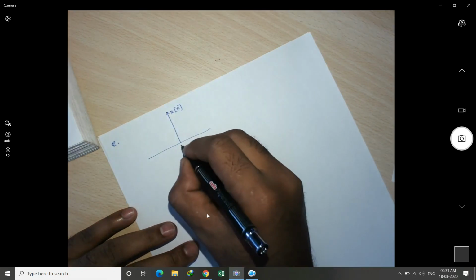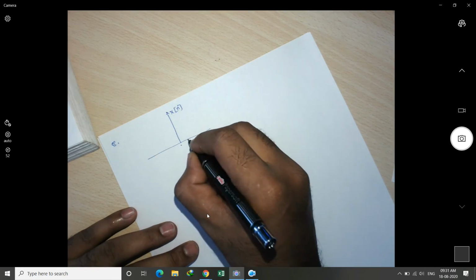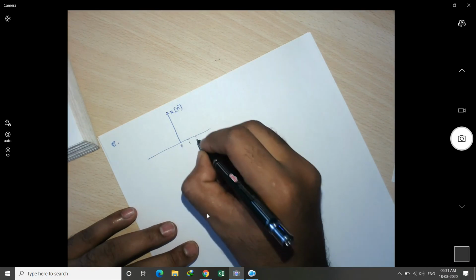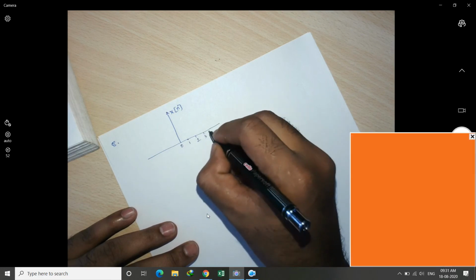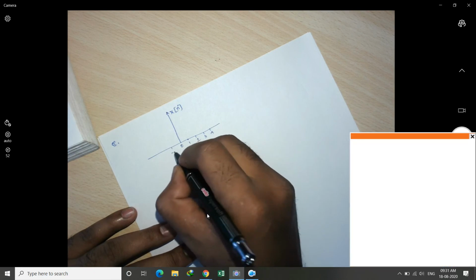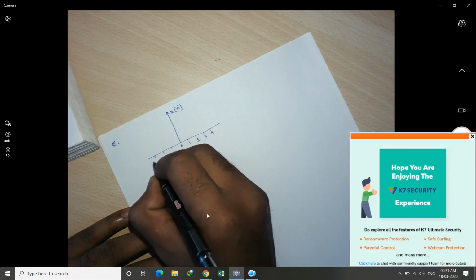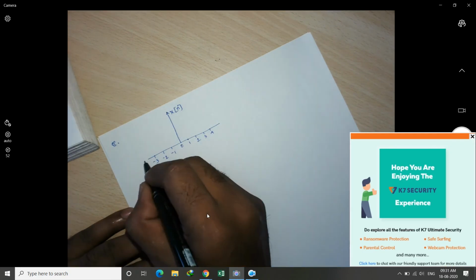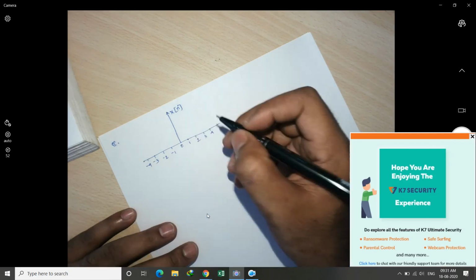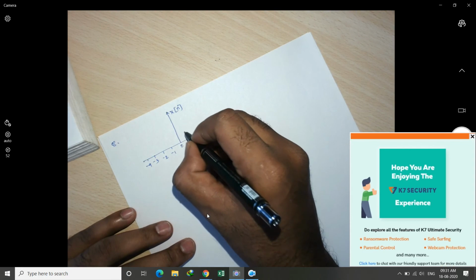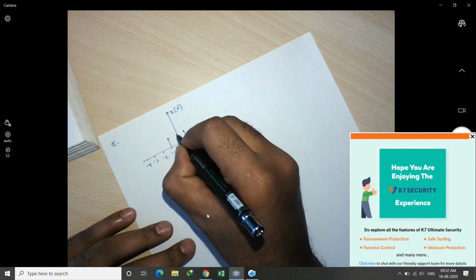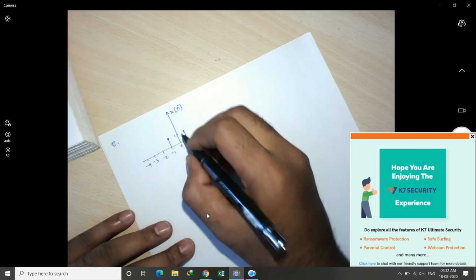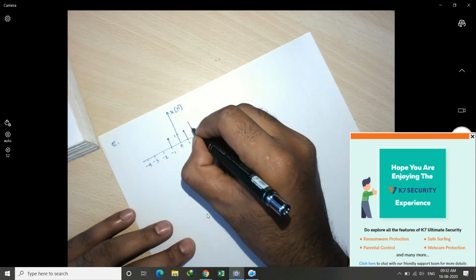This is your x[n]. It is given: this is 1, this is 0, 2, 3, 4, something like this. Then again minus 1, minus 2, minus 3, and minus 4. At one location it has a sample, same over here, of amplitude 1.